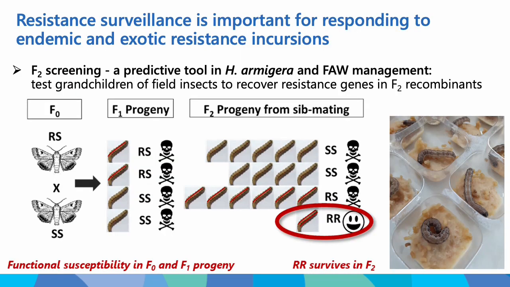So it's going to be important to make sure that insecticides which are currently effective for both armigera and fall armyworm do continue to stay that way. And so it's going to be important to continually monitor the situation, to look for resistance that might emerge as the result of insecticide use in Australia, but which also might arrive here as the result of exotic resistance incursions from near neighbours, where insecticide use might not be as tightly regulated as what it is here.